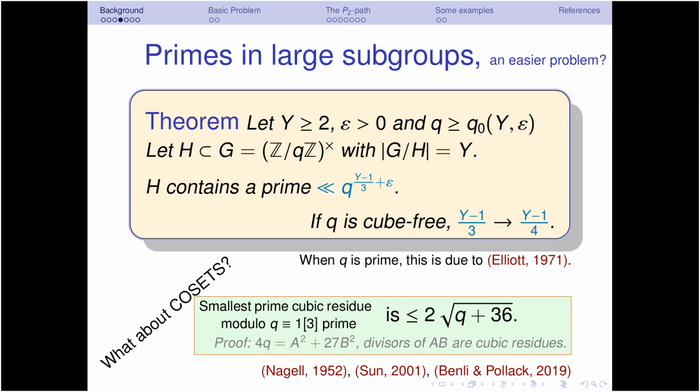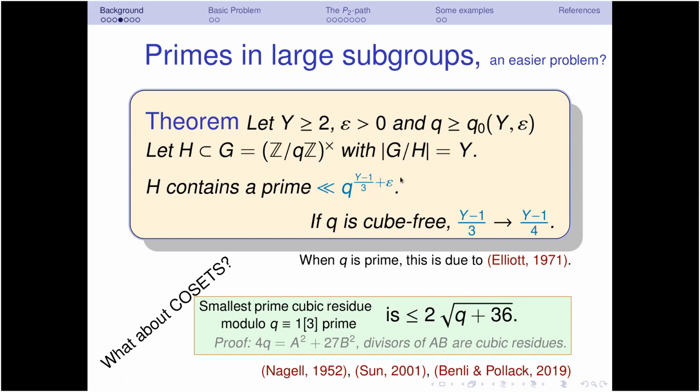The first information we have about primes in subgroups: take a subgroup H of (Z/QZ)*, the multiplicative group, and assume G/H is small. So the index y is equal to 2 or 3 or 5. Then it is not so difficult to prove that H contains a prime less than Q to the power (y minus 1)/3.